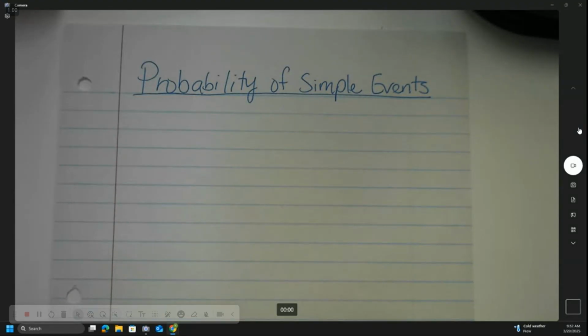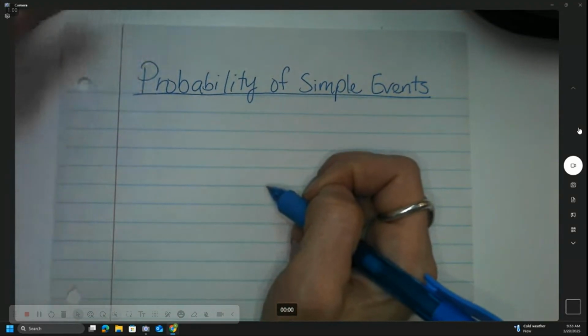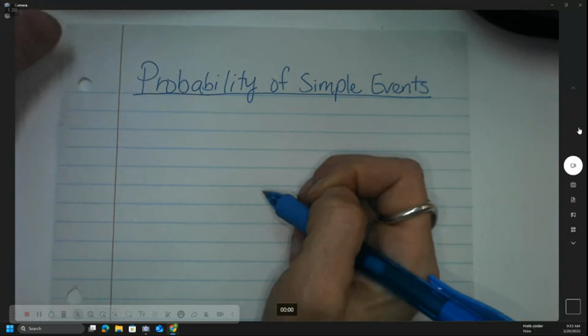You have a 25% chance it's going to be A, 25% chance it'll be B, 25% chance it'll be C, 25% chance it'll be D. Because 25, 25, 25, 25 all added together is 100%. So you have a 25% chance of getting it right if you don't know the question. Those are all very basic examples of what probability is.